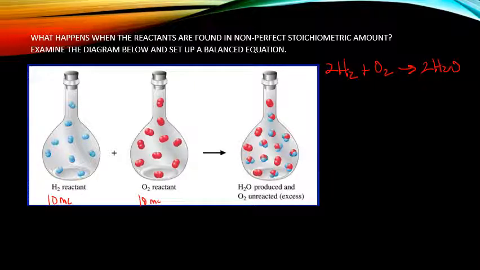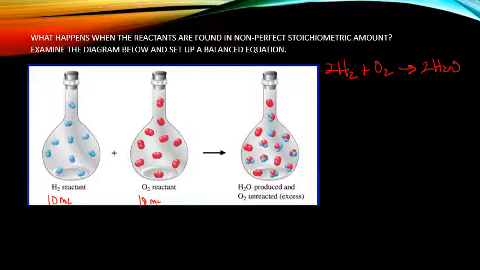So hopefully you could notice with that, because I have the same number of molecules, that would mean that I have the same number of moles. However, when you look at your balanced equation, I know that for every one molecule or every 1 mole of O2, I have to have 2 molecules or 2 moles of the H2 that reacts with it.